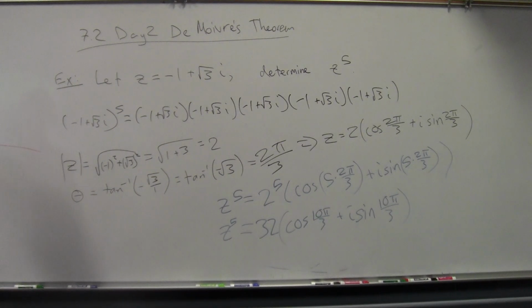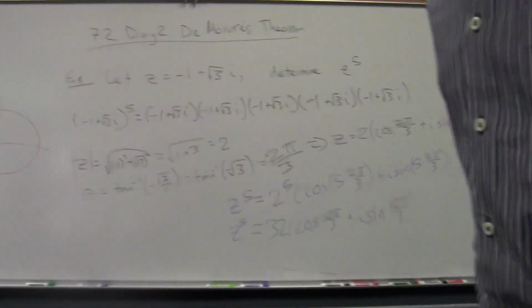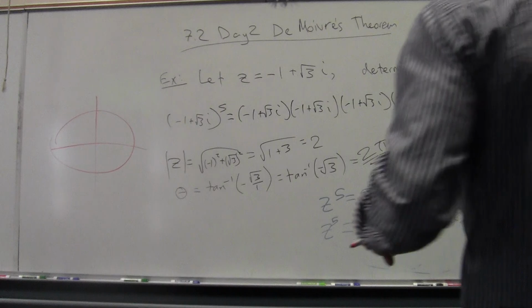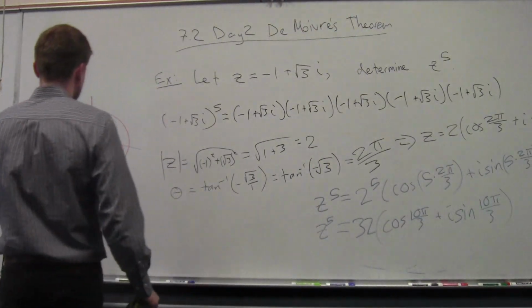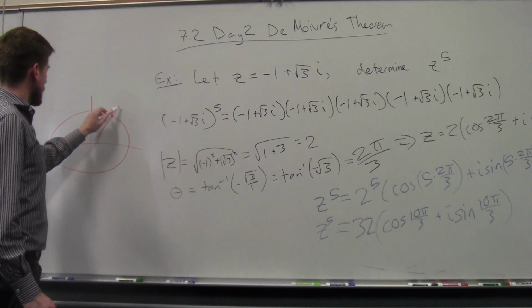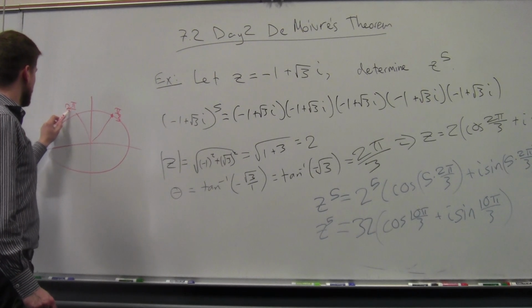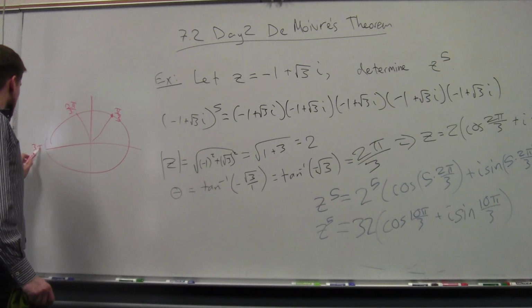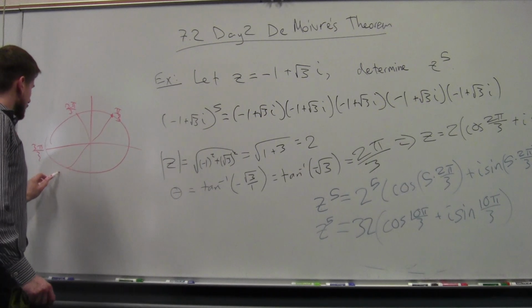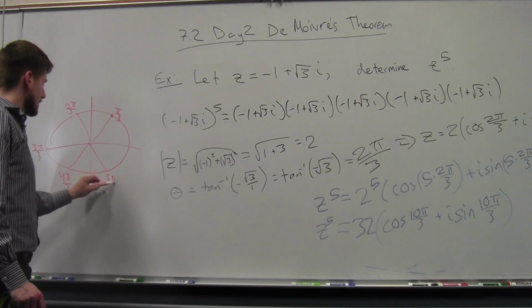So let's draw our unit circle. How many times around the circle do we need to go? We might have to go a couple times around. Let's find out. I'm going to break it up into thirds. There's pi over 3. This one's 2 pi over 3. 3 pi over 3. 4 pi over 3. And 5 pi over 3.